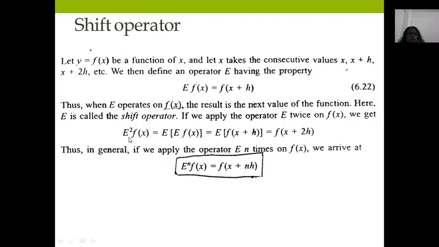So E square f of x means E of E of f of x. E of f of x is f of x plus h, and again E of f of x plus h is f of x plus 2h. Generally, E to the n of f of x is f of x plus nh. I hope you understood the shift operator, which finds the succeeding values step by step. This is the fourth finite difference operator.